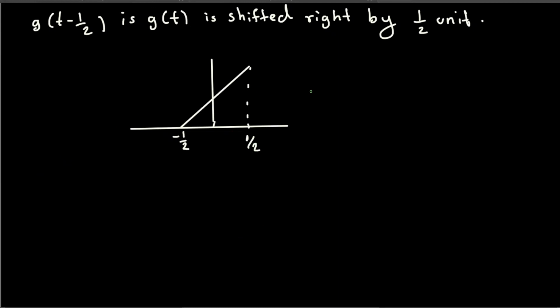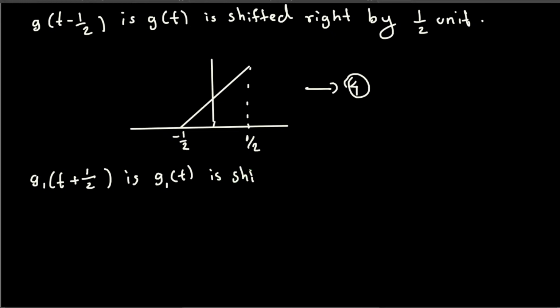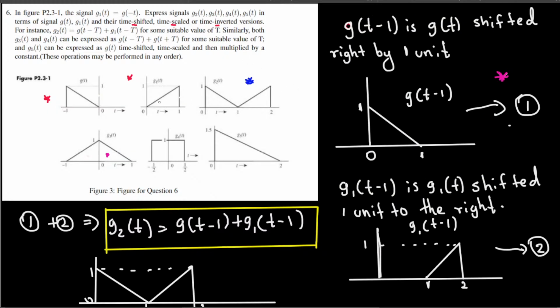Okay, and then let's call this one number 4, and then we have to move g1 of t half unit to the left, so g1 of t plus half, and this one is g1 of t shifted left by half unit. Okay, if we shift g1 of t left by half unit, this is g1 of t.